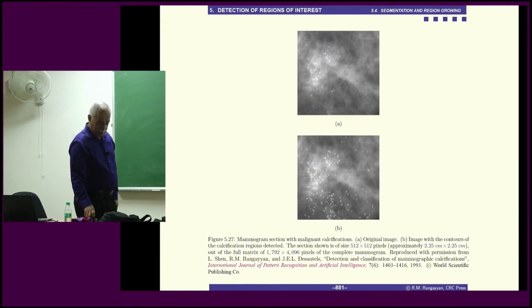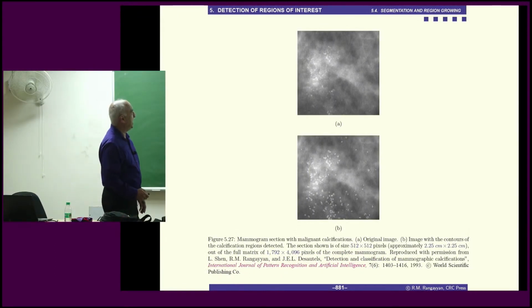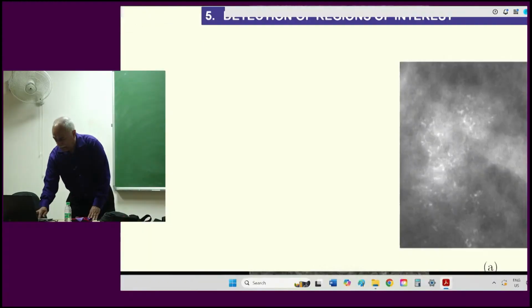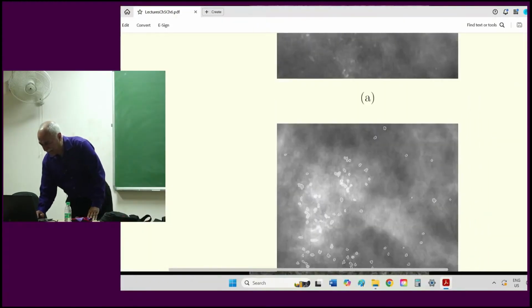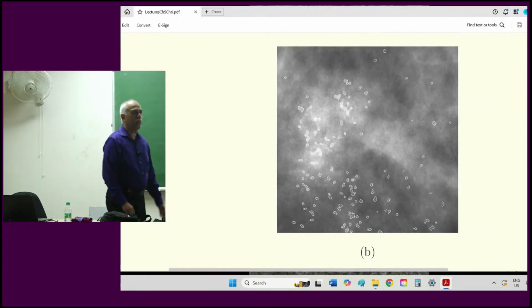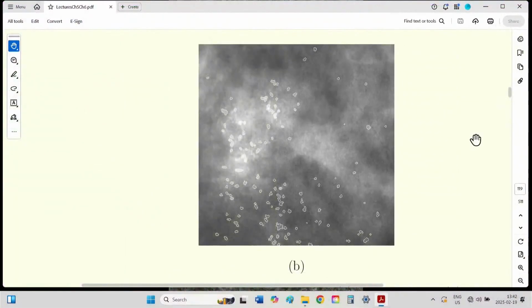This is a malignant case with many, many calcifications, and these are all the regions detected. It's a little difficult to analyze images of this nature, and our colleague from radiology, Dr. Desertel, when we showed this, he actually counted how many are there, and we checked how many we detected. But then he said, if there are 200 calcifications, you don't have to detect 200.